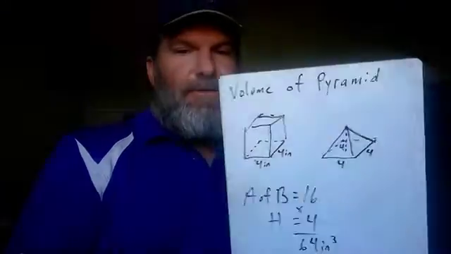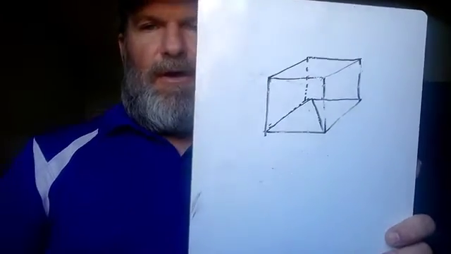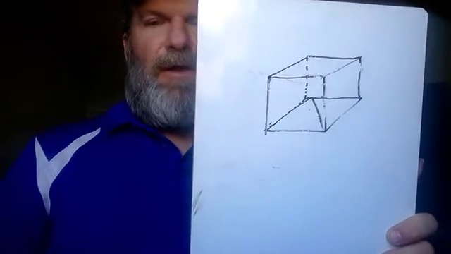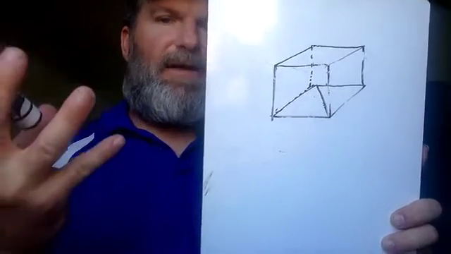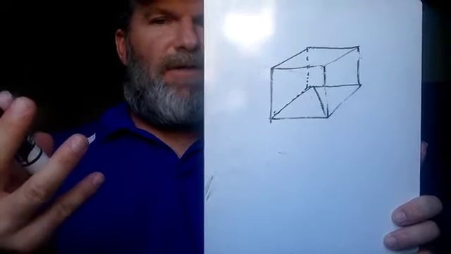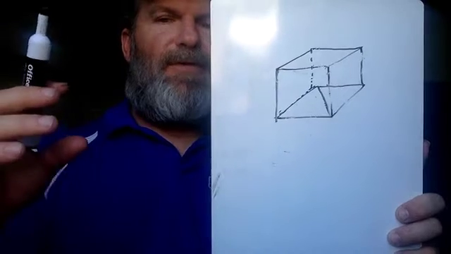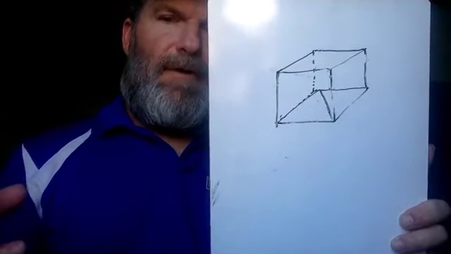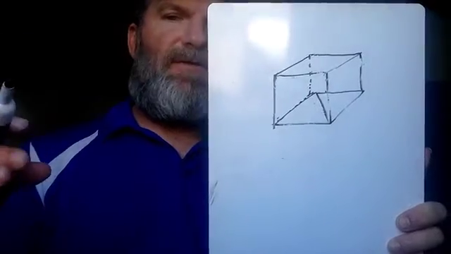Well, here's how I try and explain it with another picture. Here's a cube. Every dimension is the same. And I've tried to draw a pyramid inside the cube with the same base. But that pyramid doesn't go all the way to the top of the cube. It only goes halfway up. Now, if you imagine a pyramid like that coming in from all 6 sides of the cube, it would fill in that cube perfectly.